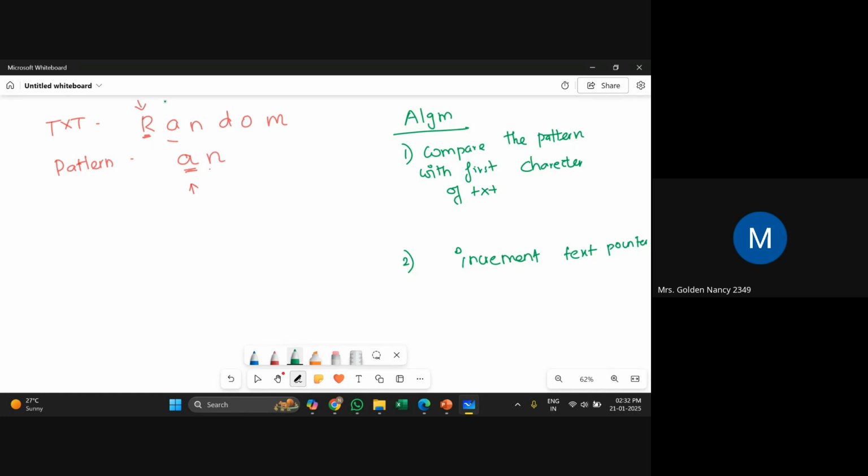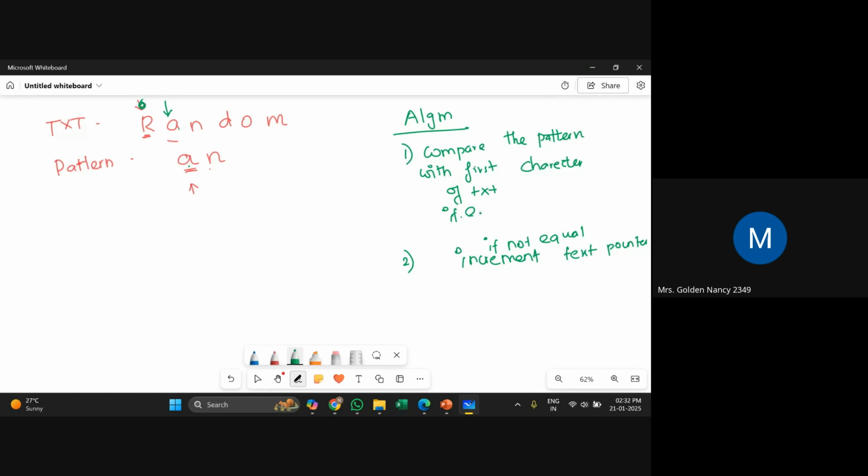So now the text pointer will be in this position. Again you check, yes, they are equal. If not equal, then you have to increment the text pointer.